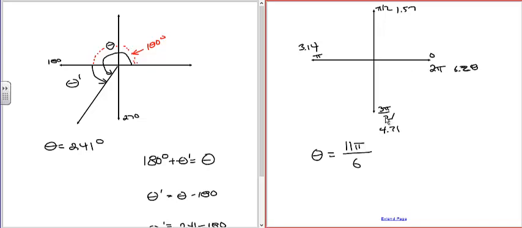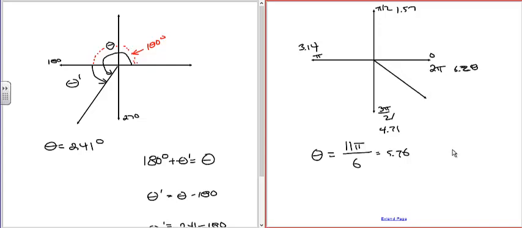So if you take 11 times pi divided by 6, this is equal to 5.76. Okay, so you see 5.76 is between 4.7 and 6.2, so you just need to stick it into the fourth quadrant.